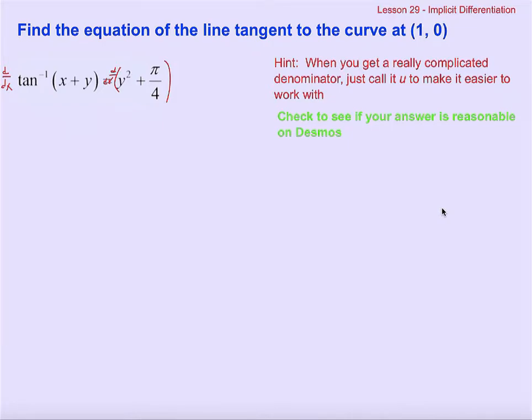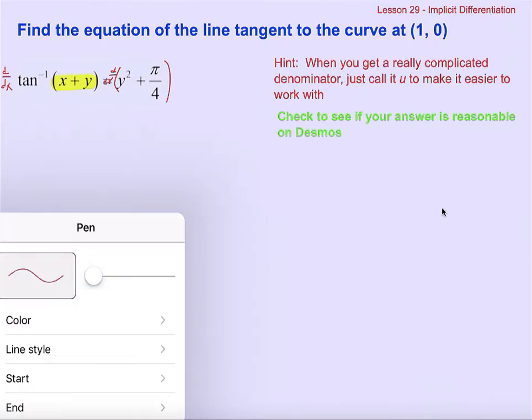The derivative of the inverse tangent, which we learned about in a previous lesson, is 1 over x squared plus 1. Of course, the x in this case is the argument of the inverse tangent, which is the expression x plus y.